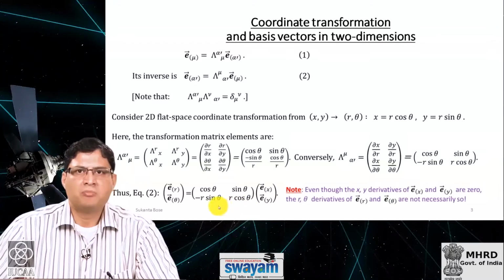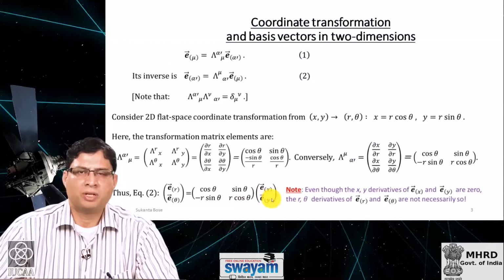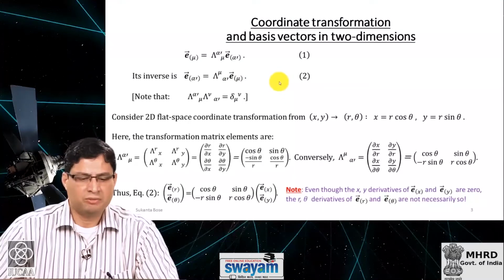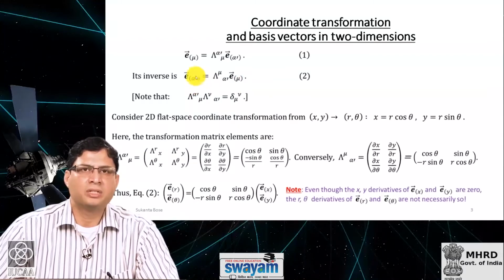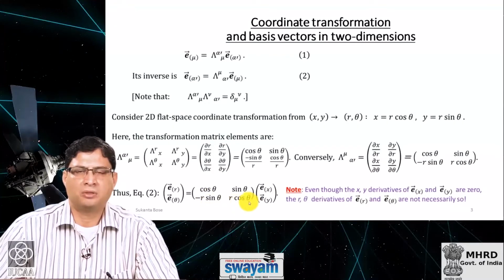The matrix that will be relevant here for transforming from the Cartesian to the polar coordinates is this lambda mu alpha prime matrix, which is the one applied in equation 2. This is the relevant equation because we are going from the S frame, which in our case is the xy coordinate system, to the prime frame, which is the polar coordinate system. So that is why you will use this cosine theta, sine theta, negative r sine theta, r cosine theta matrix.